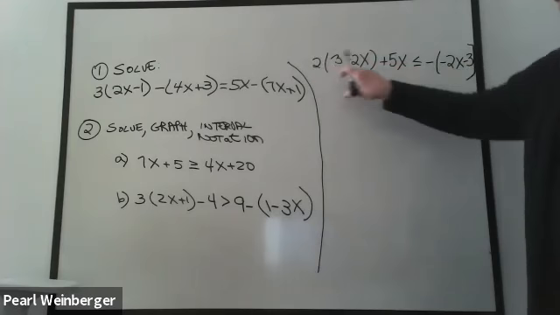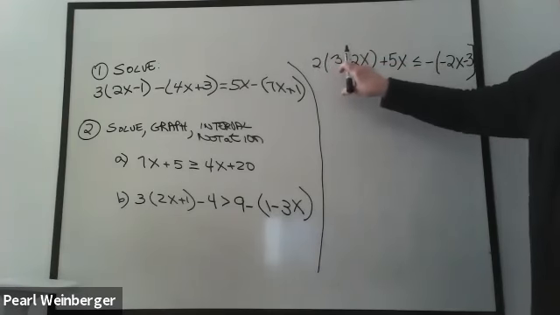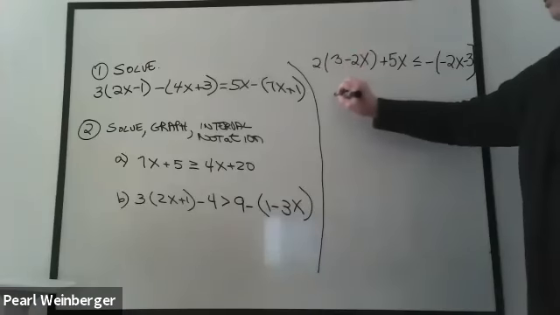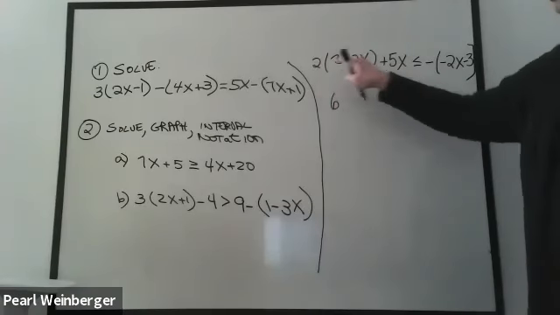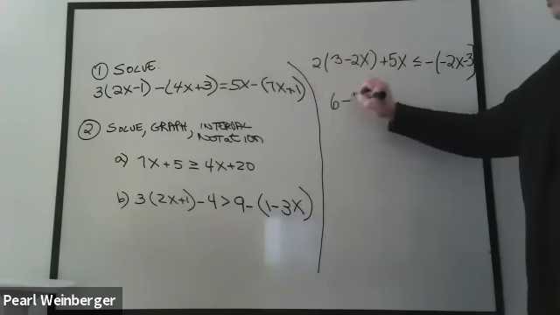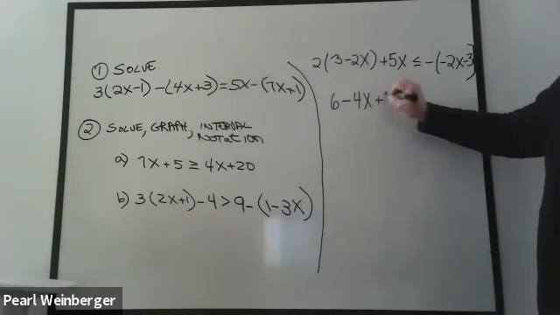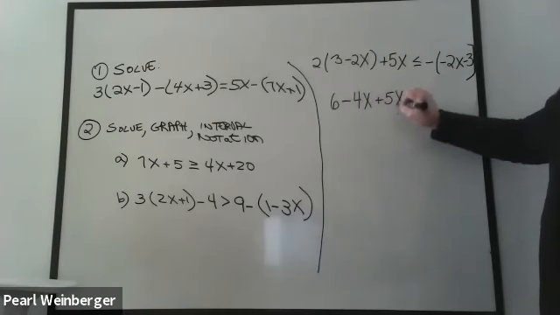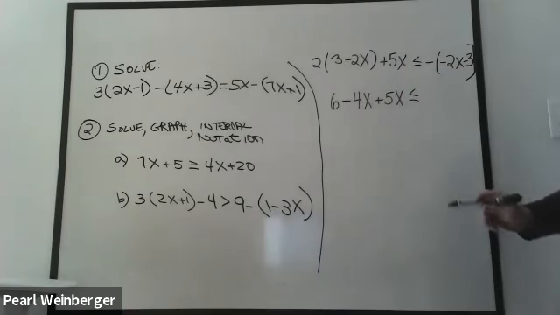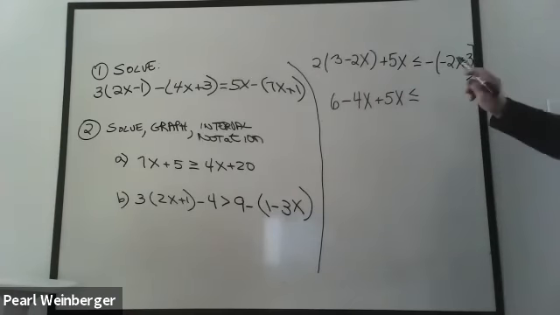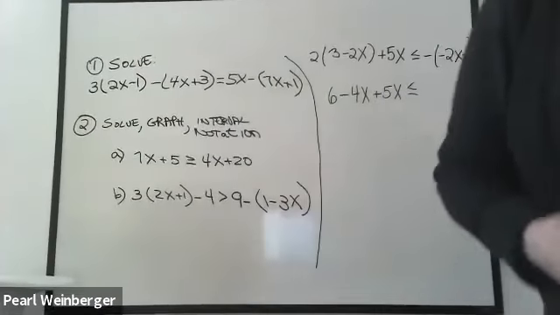So I'm going to distribute the 2 and get 2 times 3, which is 6, and 2 times negative 2x, minus 4x. And I'm just going to bring down that plus 5x. And I'm just going to bring down that inequality sign because I haven't done anything that would make me change that inequality sign.